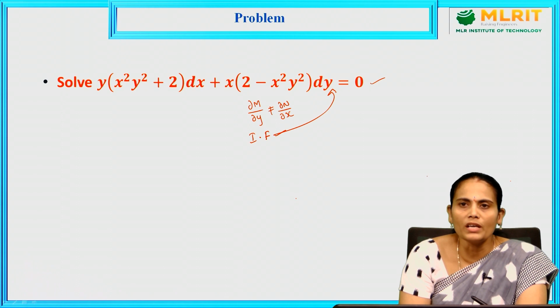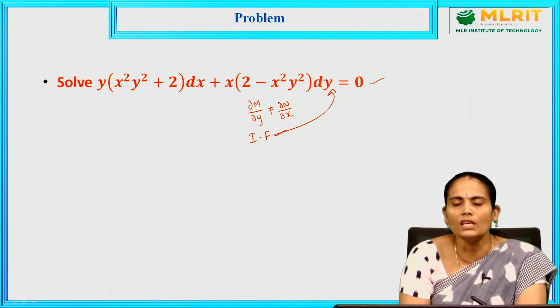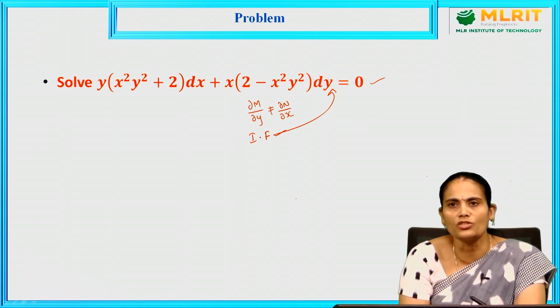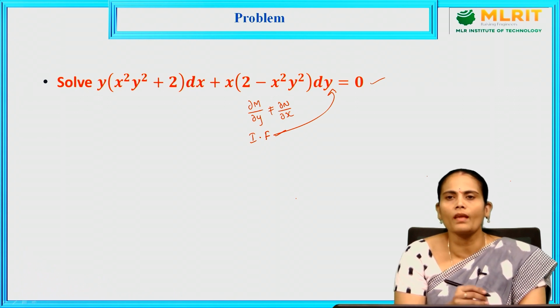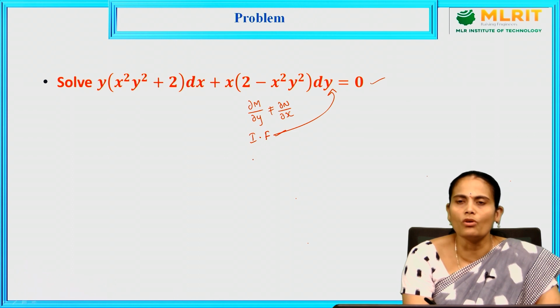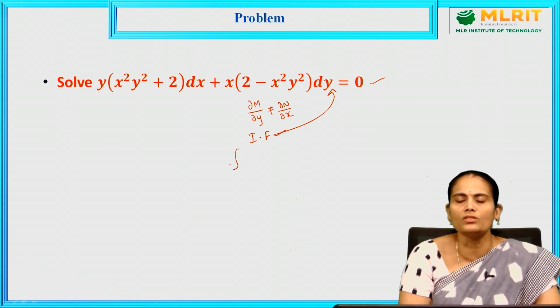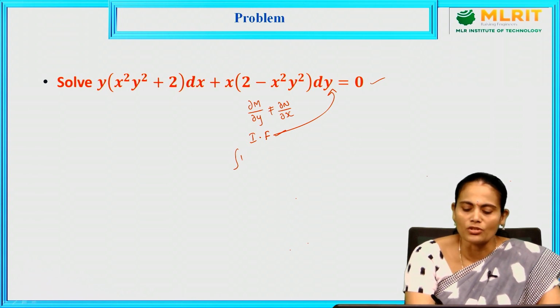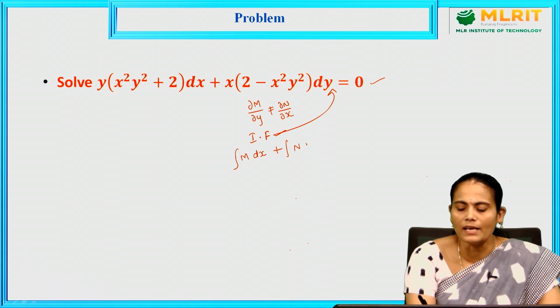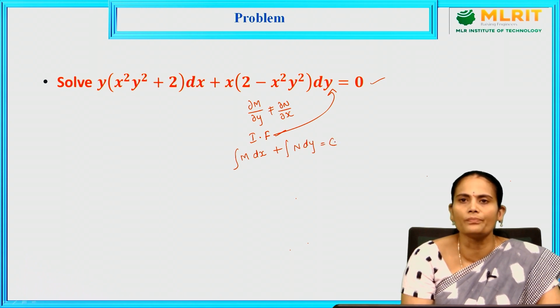Then the given differential equation is reducible to an exact differential equation. Then finally we will find the general solution. We know that the general solution of an exact differential equation is integral m dx plus integral n dy is equal to c.